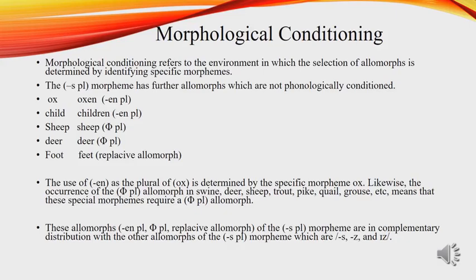Now, this replacive allomorph in feet is selected because the specific morpheme foot requires the use of this replacive allomorph. So the selection of the replacive allomorph is determined by the specific morpheme foot. It is not determined by a preceding or a following sound. It is because of having foot, we should have feet.